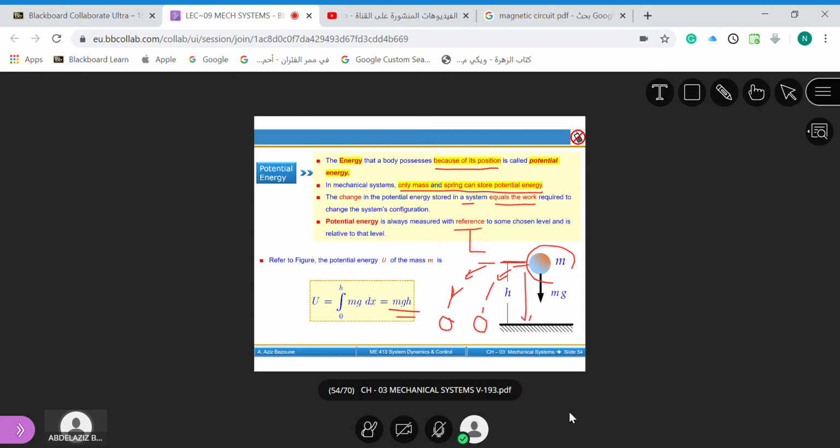Here, this mass will have potential energy equal to mgh with respect to the datum here. But if we take the datum to be here, now the potential energy will be 0.